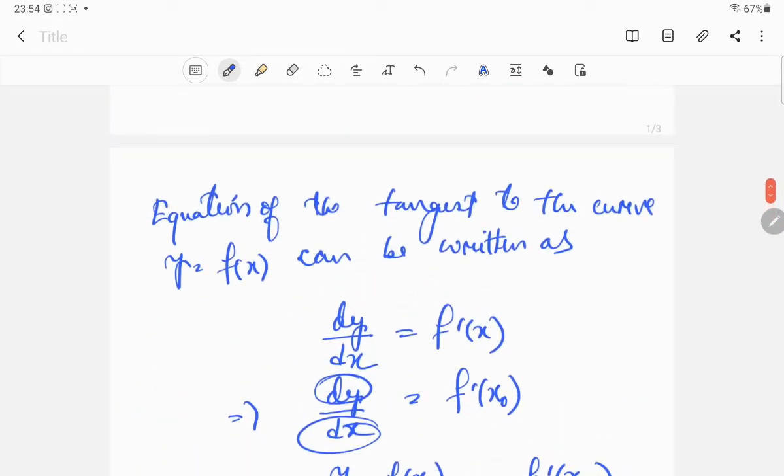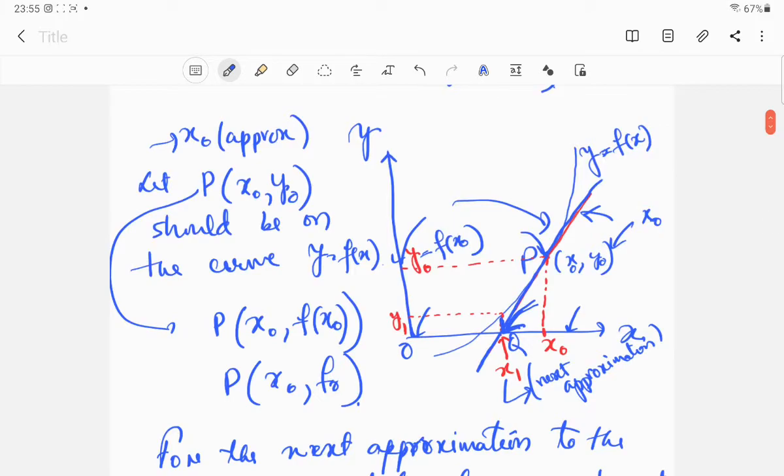The basic theory of the Newton-Raphson method is that this is the graph you had. Take any arbitrary point as a first approximation, represented by the point P. If you draw a tangent and it cuts the x-axis, the point at which it cuts the x-axis represents the next approximation. So this is the first approximation x0, this is the next approximation x1.